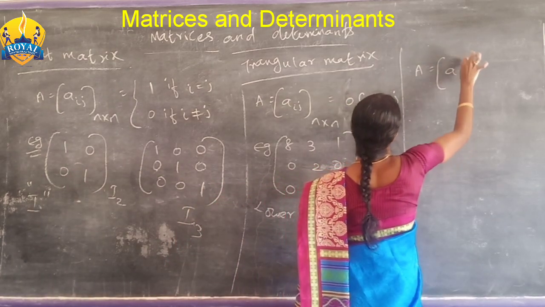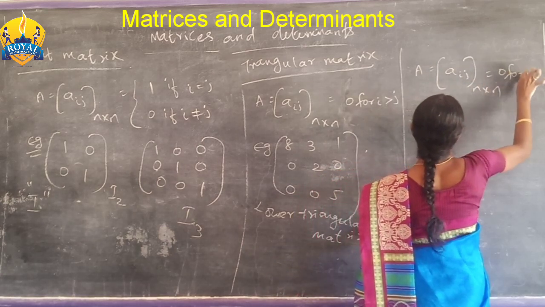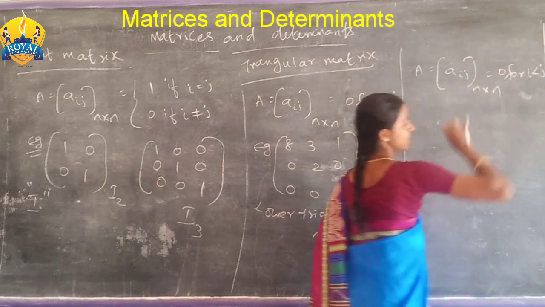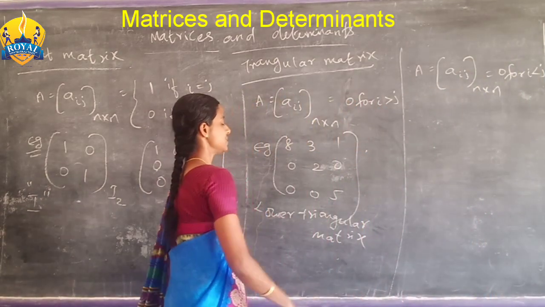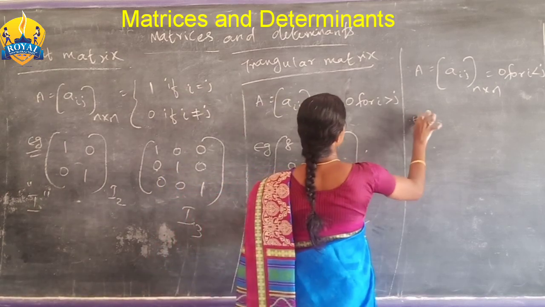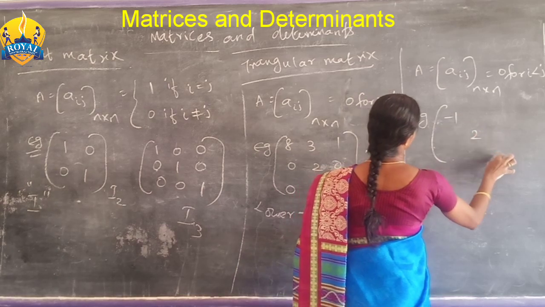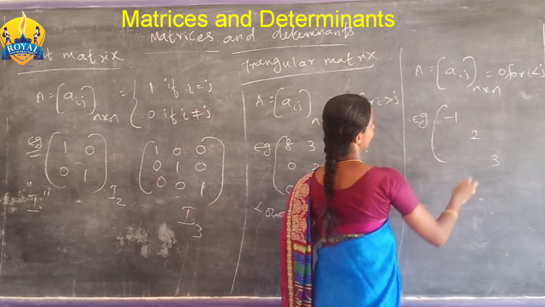Say A equal to Aij of order n. Let me have a main diagonal.